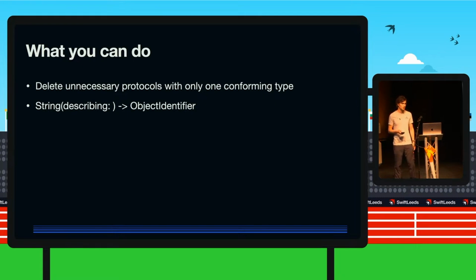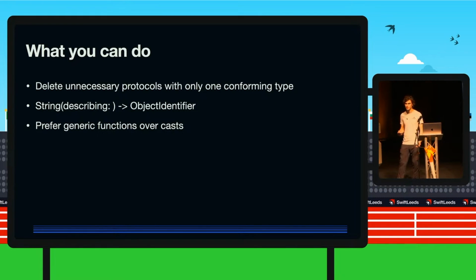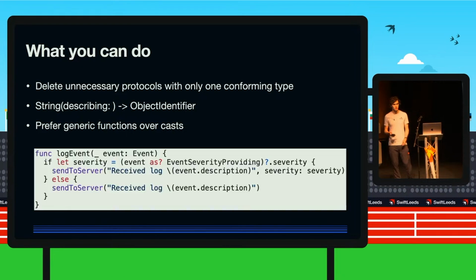Another one is to prefer using generic functions over casting things and doing these protocol conformance checks. So an example would be, say you're logging an event, you might have some analytics function that takes an event and checks if your event conforms to a protocol that provides the severity of the event. This is doing an extra protocol conformance check, that's the as operation.